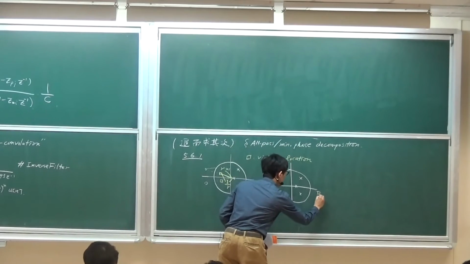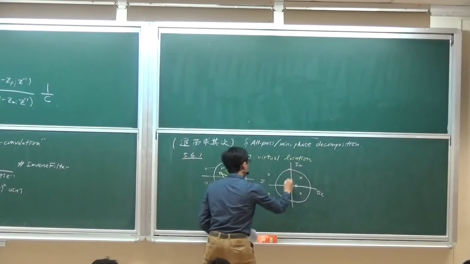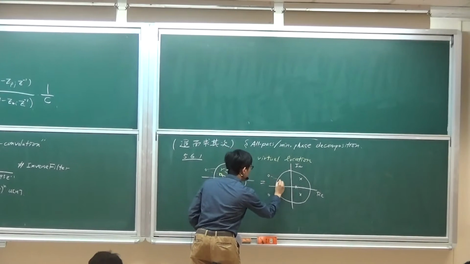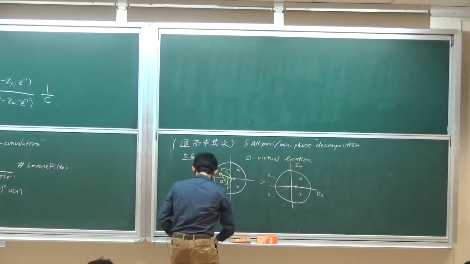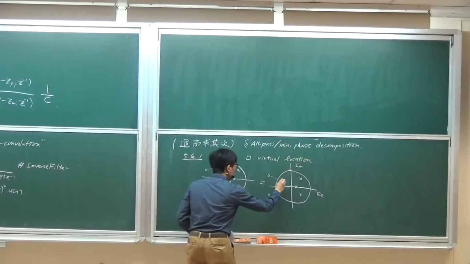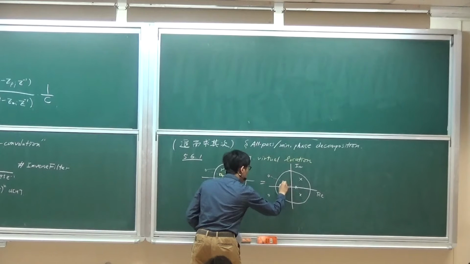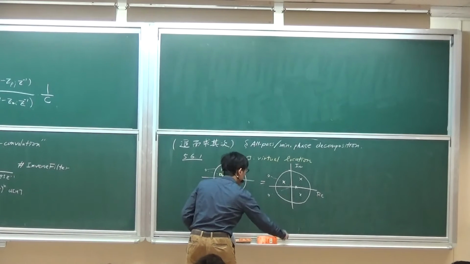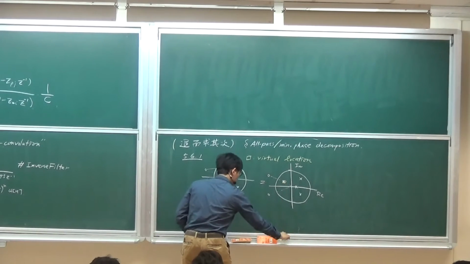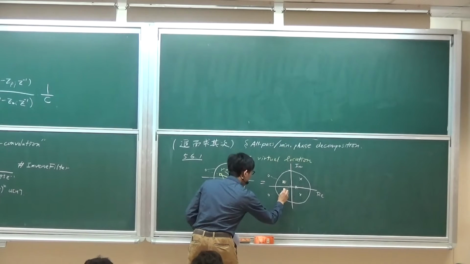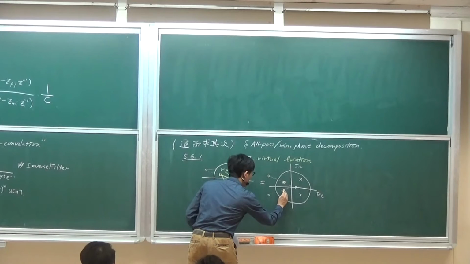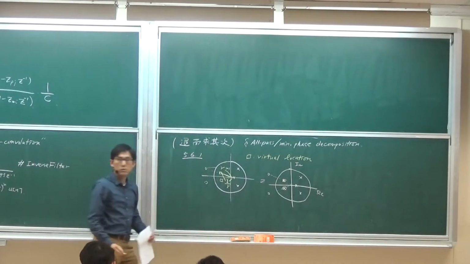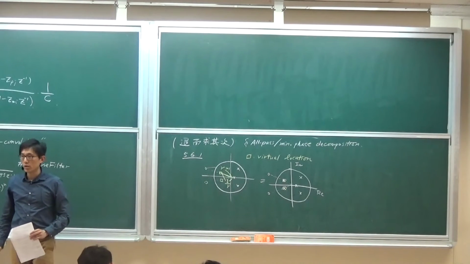At the virtual location, we are going to place exactly one pole on top of one zero. So they exactly cancel out. One pole on top of one zero, both at the same location.